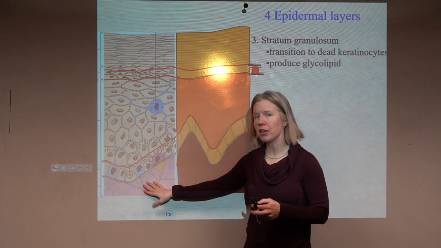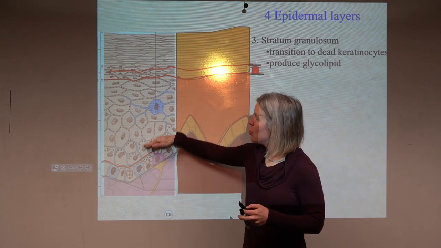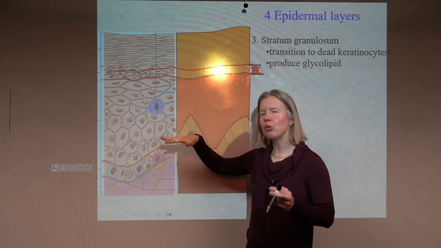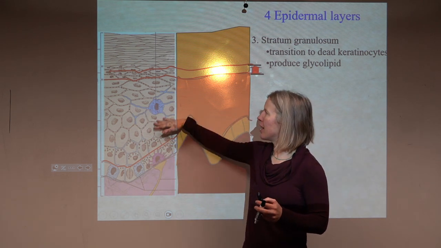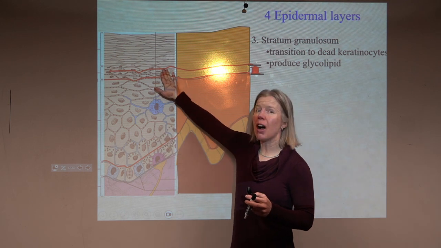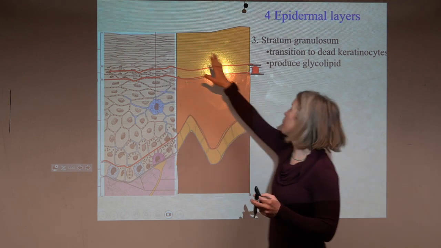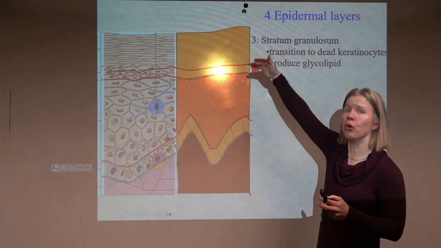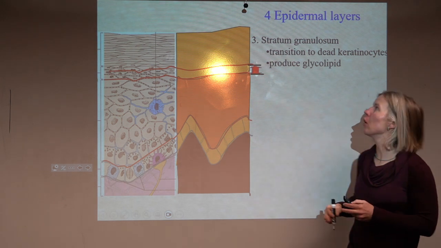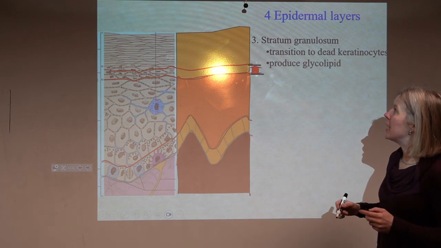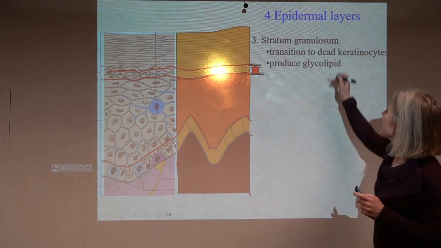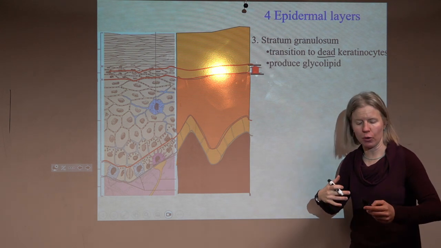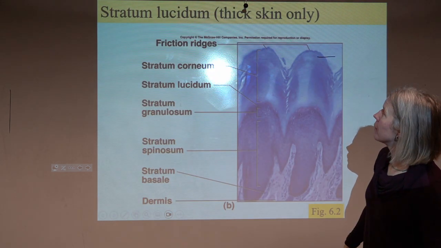We do have blood vessels down here in the dermis, and nutrients are able to diffuse, usually not too many cells away, but they can get some into this layer. Beyond the stratum granulosum, part of this is that glycolipid layer, there's no nutrients getting beyond this, right? And the cells are going to be dead. But again, remember, at this layer, the nucleus and the organelles are already breaking down. We'll recycle anything we can.